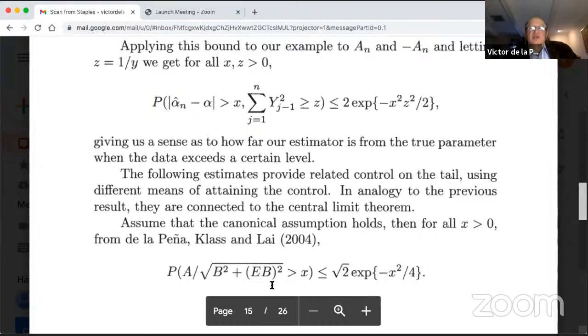That probability is sub-Gaussian. So here's a randomly stopped Gaussian process, there's dependence between the top and the bottom, and we can get sub-Gaussianity.